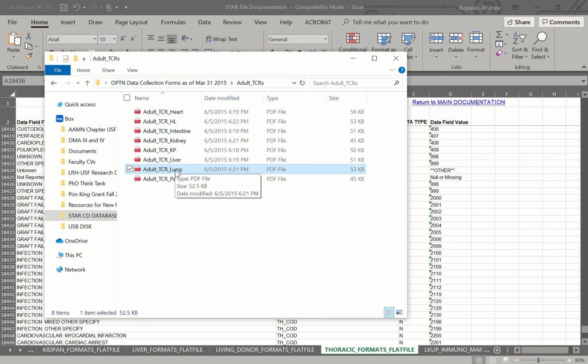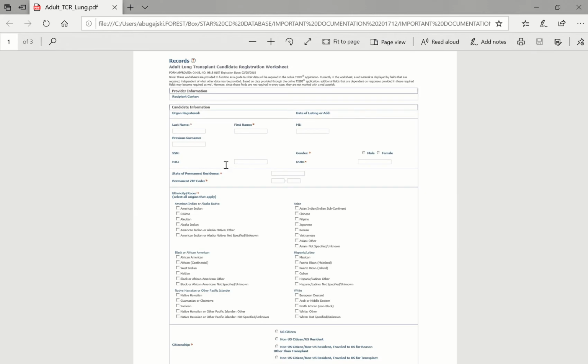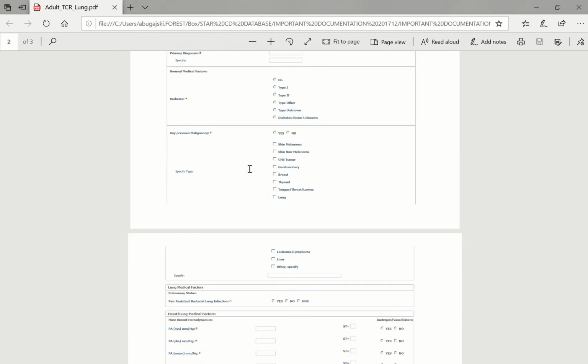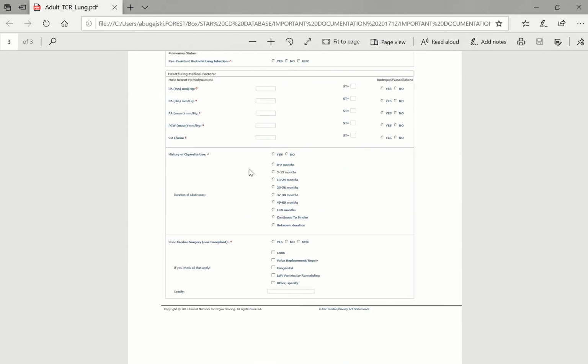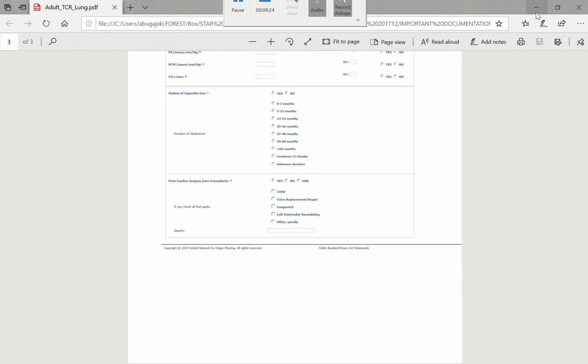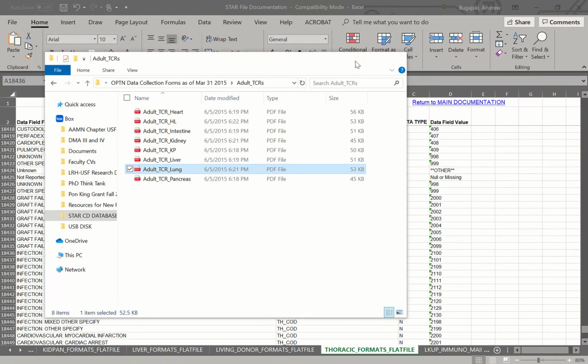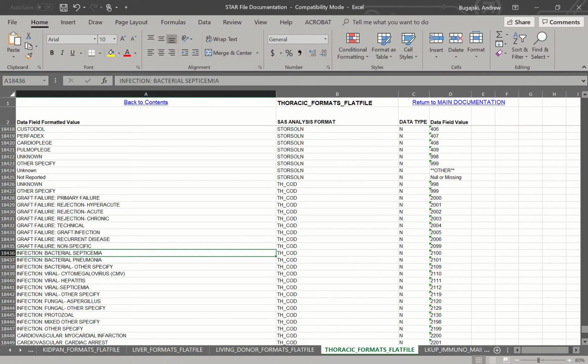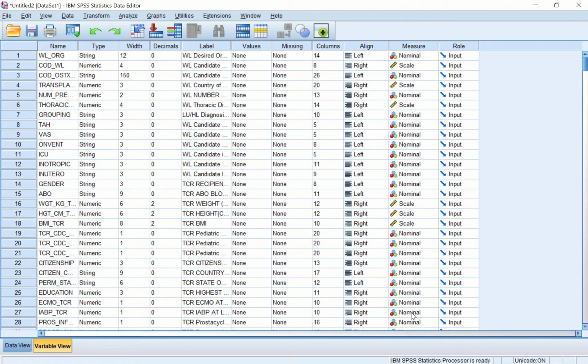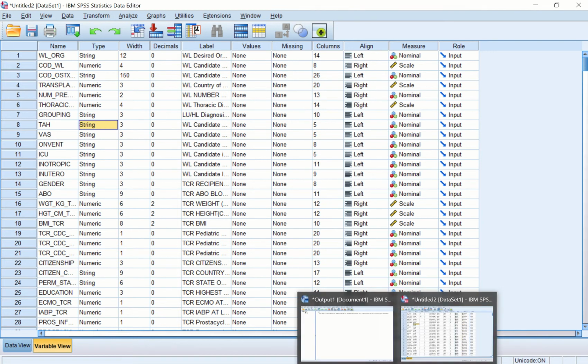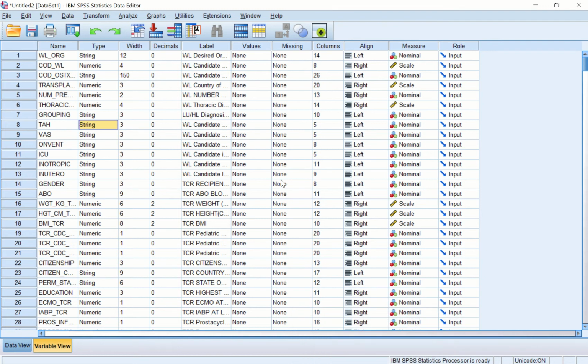I happen to know that it's in one of these PDFs. It's not this one. I happen to know it's in one of the PDFs that will tell you at one point in time this data, sorry, got distracted.